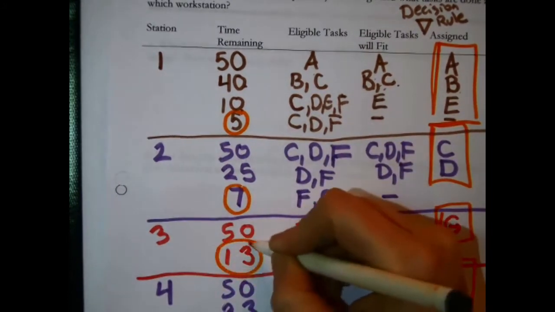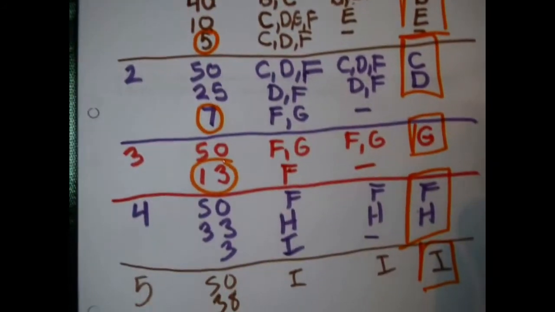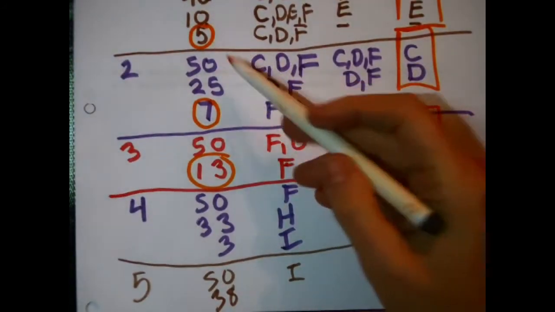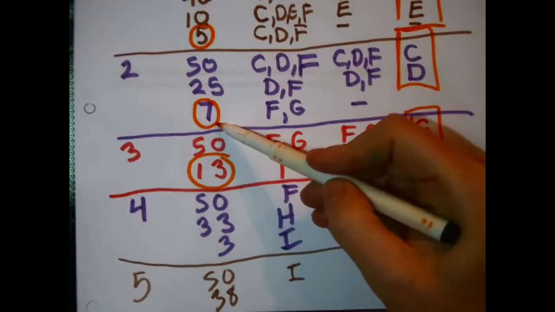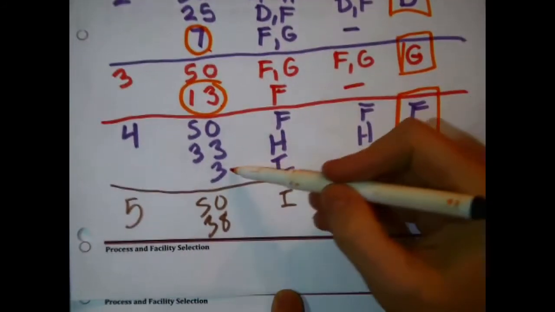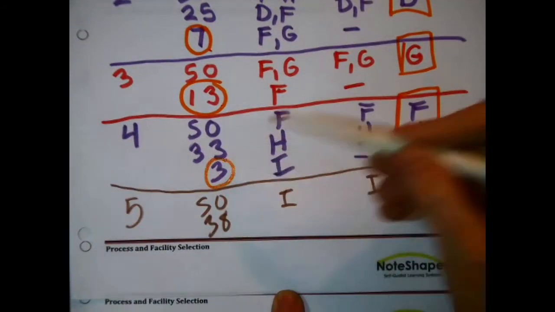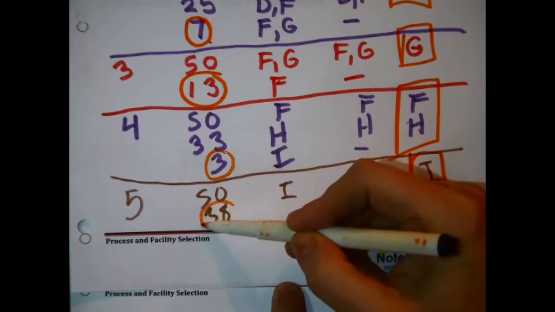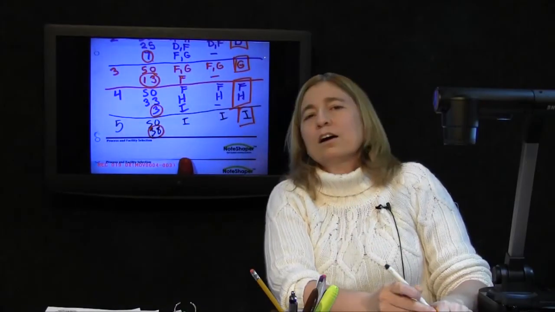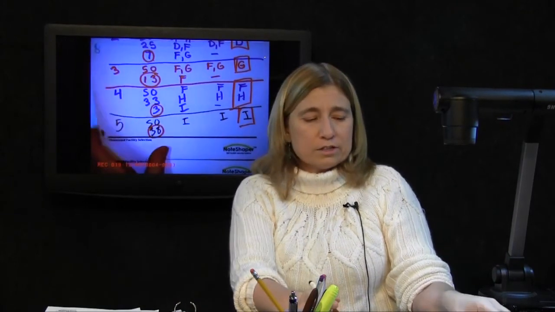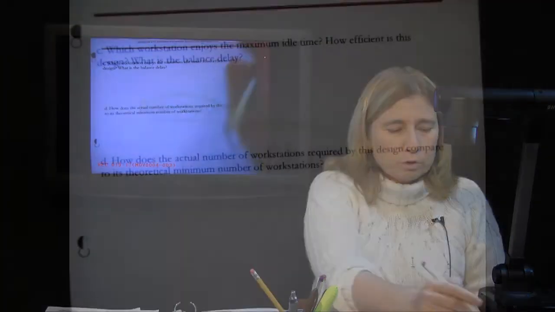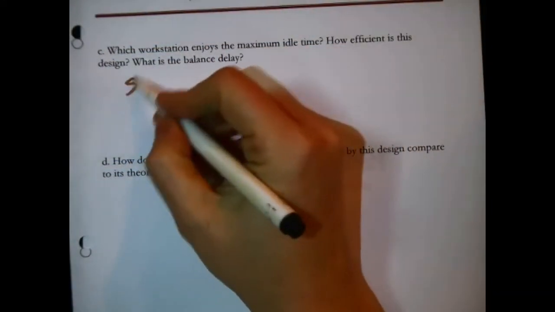For instance, there's 5 seconds of idle time at the first workstation. We abandon it there. 7 seconds here, 13 seconds here. Only 3 at the fourth workstation. Yeah, the one with the most idle time is that station that we had to tack on to the end just to do that one last task. Okay, 38 seconds of idle time. That would be the fifth station. Station 5. All right, station 5.